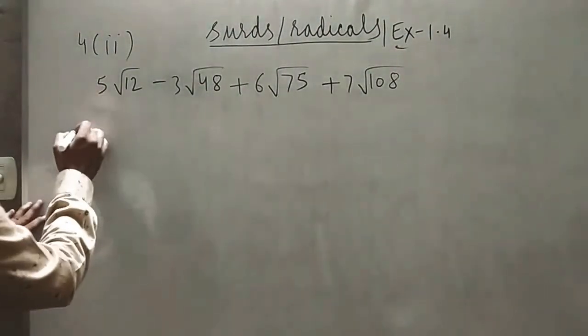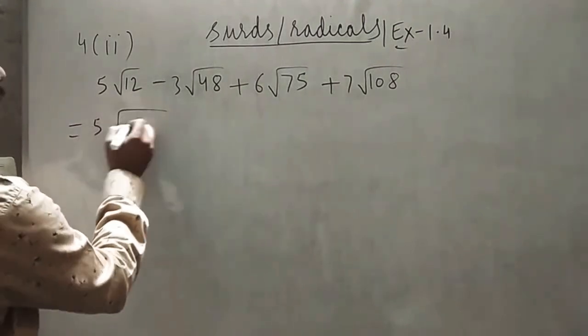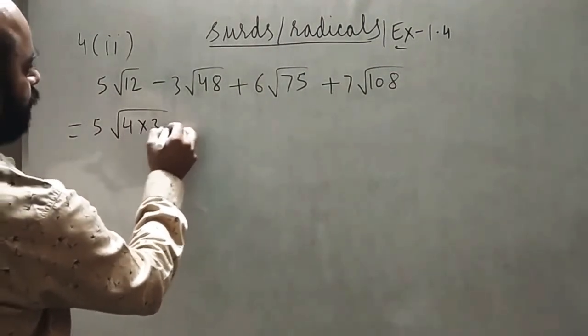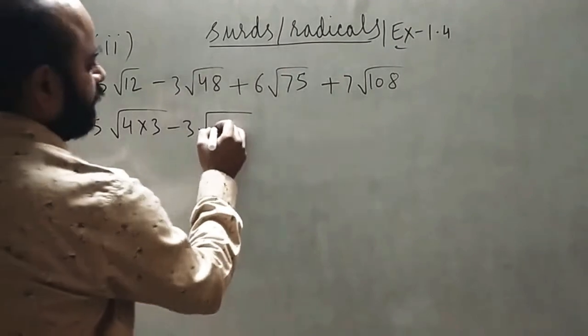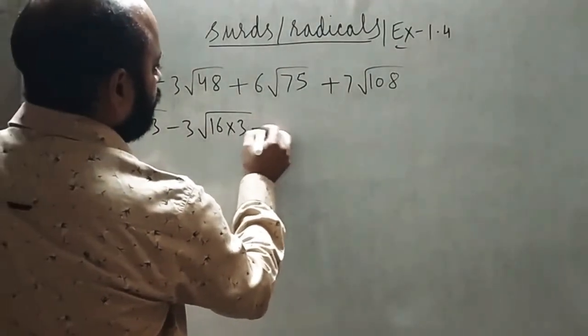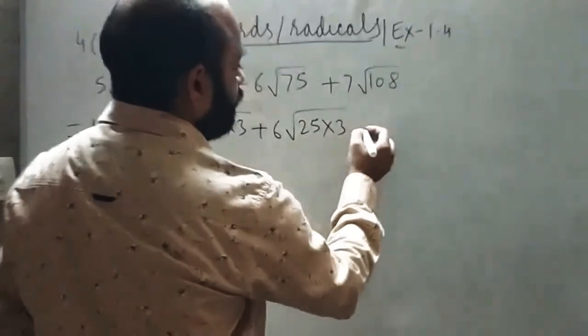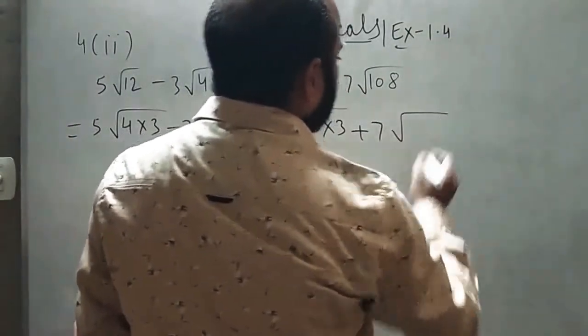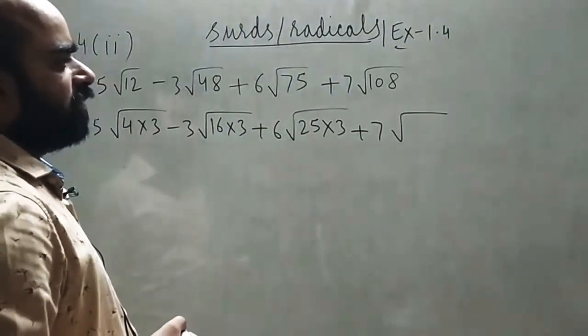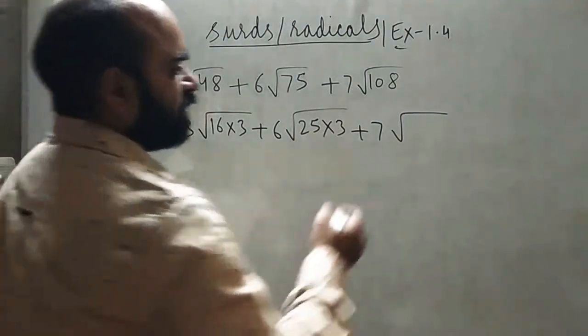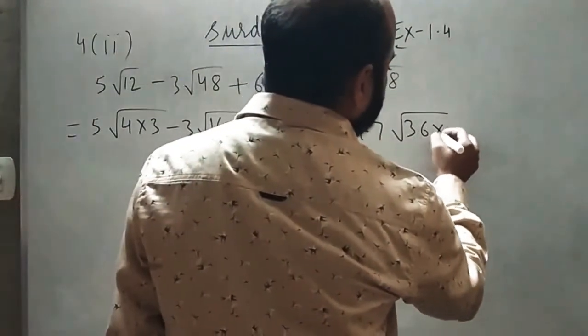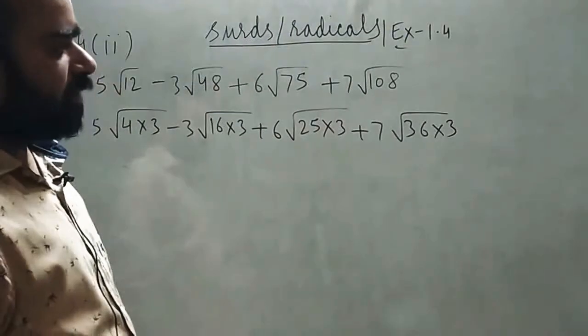So again we can write, see, 12 can be written as 4 into 3, 48 as 16 into 3, 75 as 25 into 3, and 108 as 36 into 3. You can check. Correct?